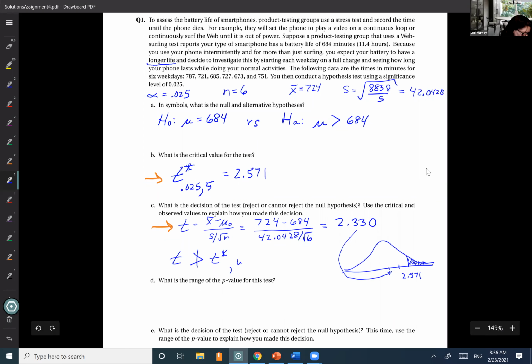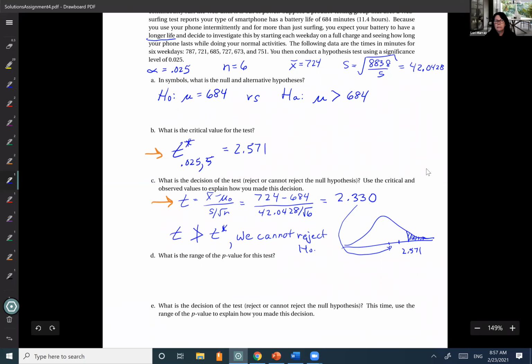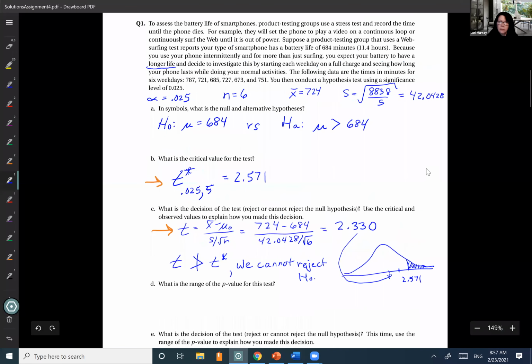Therefore, we cannot reject the null hypothesis, right? So that means that the web surfing test company, their report, you can't reject that claim.